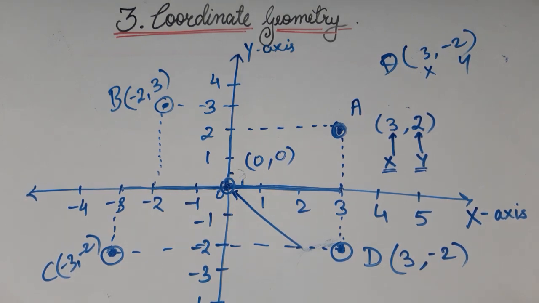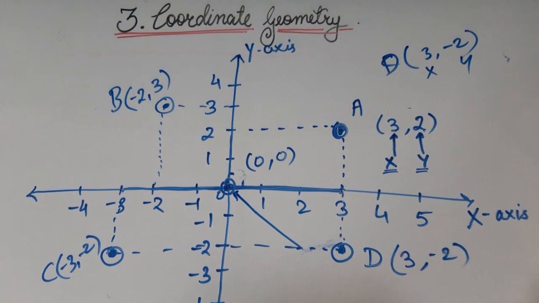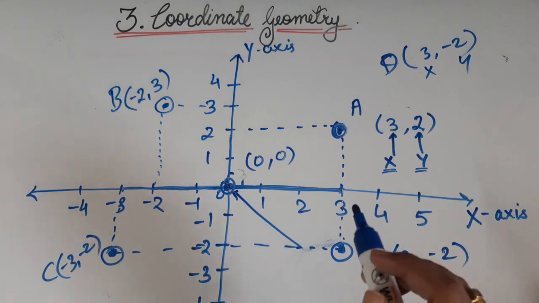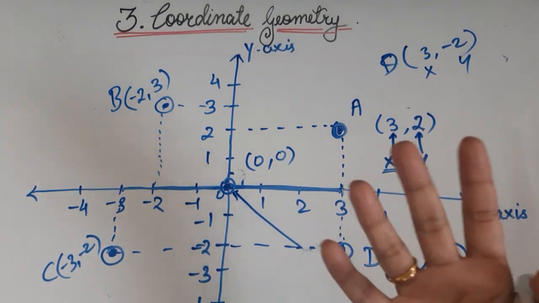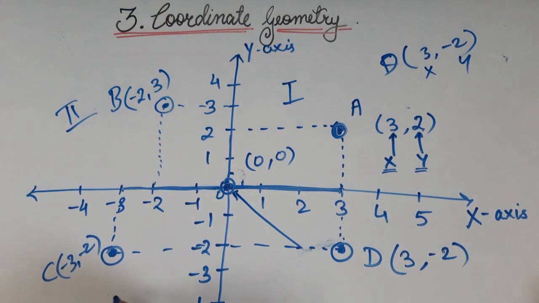Now what about the points on the axis, x or y axis? Let us take examples of points which are on the axis. Before that, you will see the two axes, x and y axis, are dividing this plane into four parts. This is your first, second, third and fourth part.